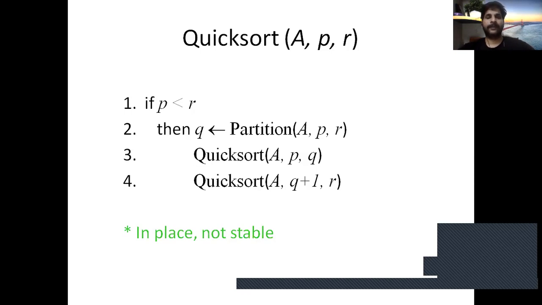If p is less than r, then apply the partition algorithm. Then q equals partition of A, p, r, and quick sort is divided into two non-empty subarrays: quick sort A, p, q, and second subarray quick sort A, q plus 1, r.